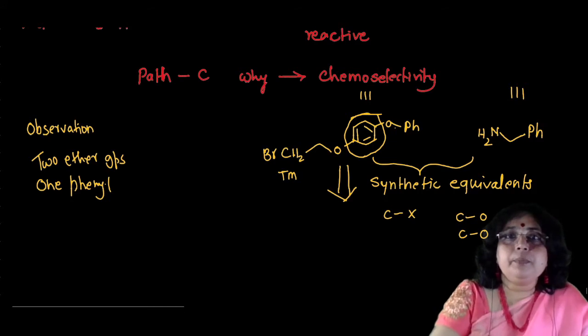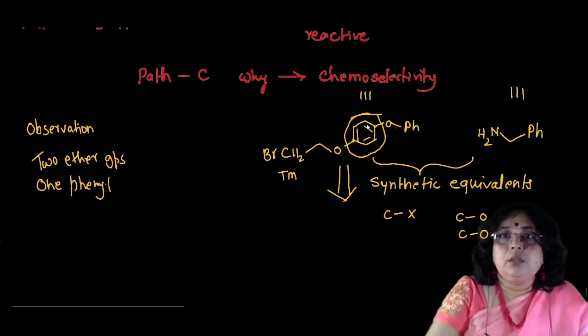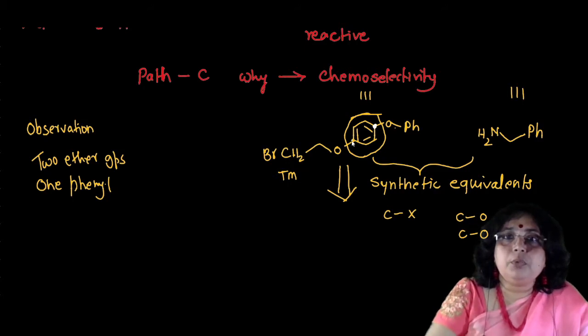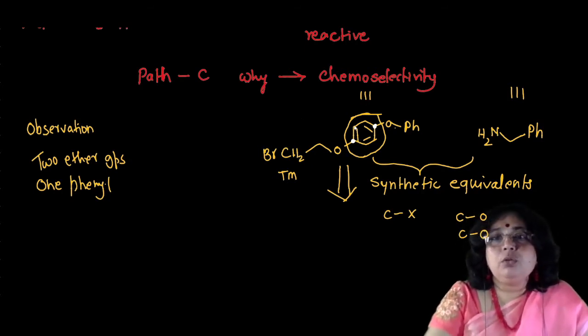Now let us see which cut is possible over here. As I told you, I am not going to put the cut over here, because we know that the intermediate with the positive charge is not possible in the phenyl ring. So this option we cannot consider.